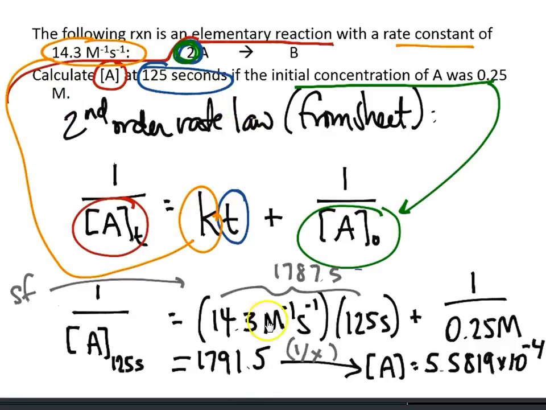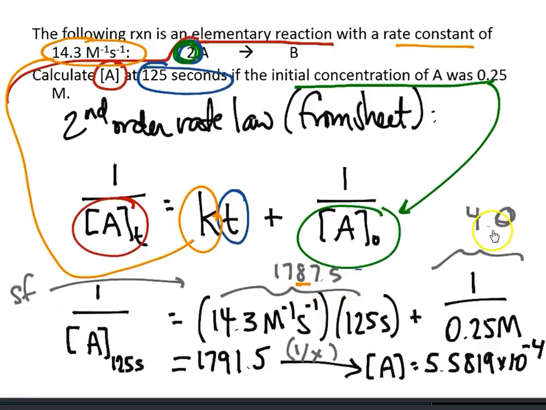And so sig fig wise, we have 3 sig figs here, which means that this 1785 number is only accurate to 3 sig figs. And then this 0.25, when we invert that, you get 4.0, and that has 2 sig figs. When you add 1787.5 to 4.0, this is accurate to the tens place.